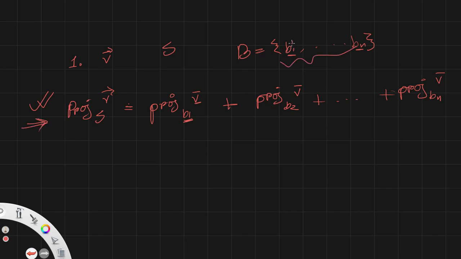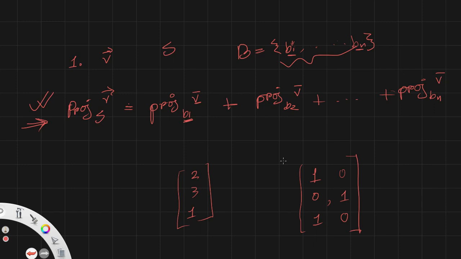So all the vectors b1, b2, b3, bn are perpendicular to each other. In that case, the projection is just this, right? So for example, you have a vector (2, 3, 1). You want to project this vector onto a two-dimensional space, the space spanned by (1, 0, 1) and, let's say, (0, 1, 0). I am assuming these two vectors are perpendicular to each other.